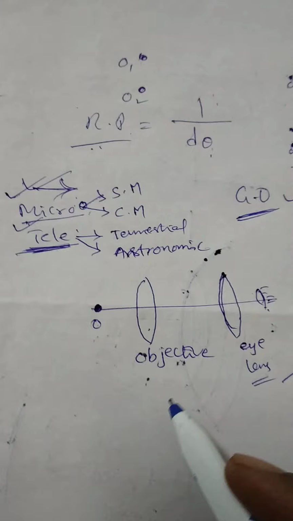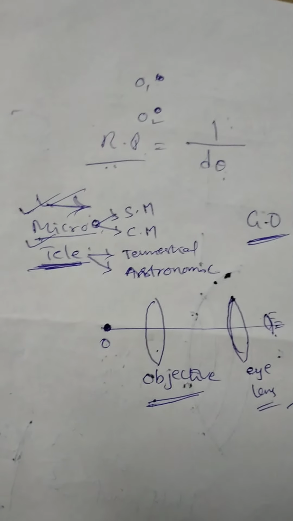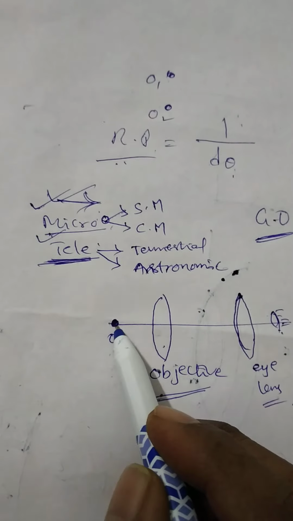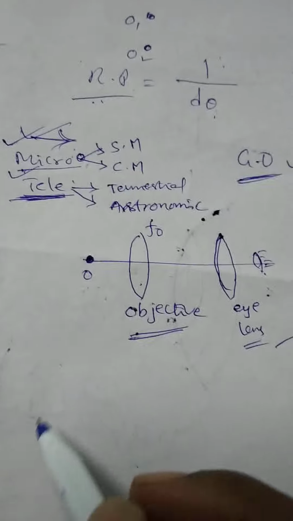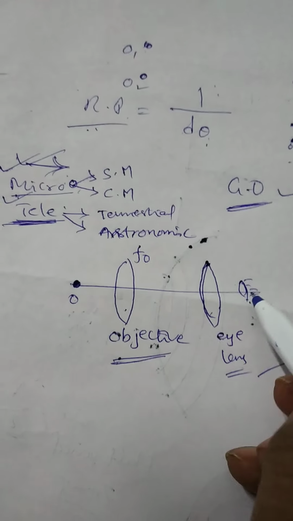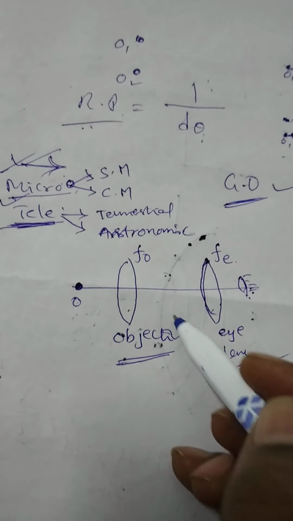So what is meant by objective? A convex lens which is towards the object is known as the objective. Focal length of the objective is equal to f naught, and a convex lens which is towards the eye is known as the eye lens, whose focal length is fe. This is the objective.